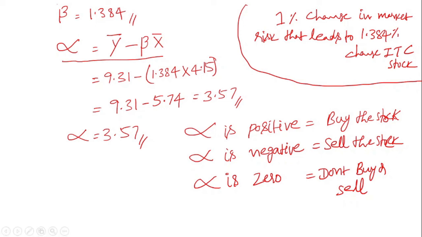So like this, we have to interpret the alpha and beta after calculation of beta and alpha. Calculation is one step in finance decisions. After calculation, how to interpret these results and how to utilize them for decision making, that is the second step.